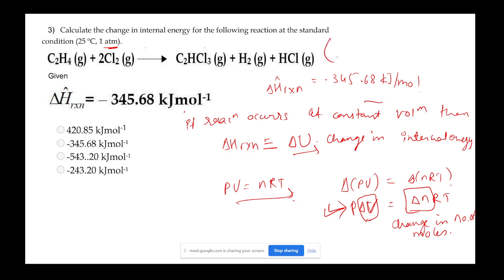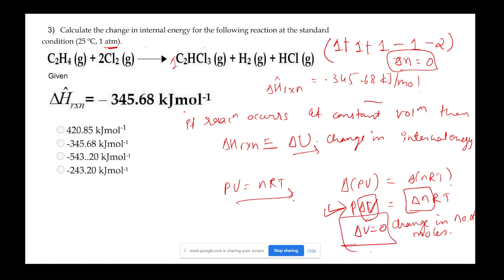Applying the mole balance, moles of product formed: 1 mole of C2HCl3, plus 1 mole of H2, plus 1 mole of HCl, minus 1 mole of C2H4 consumed, minus 2 moles of Cl2 consumed. So net change in the number of moles delta n is 0, which implies that change in volume is 0.